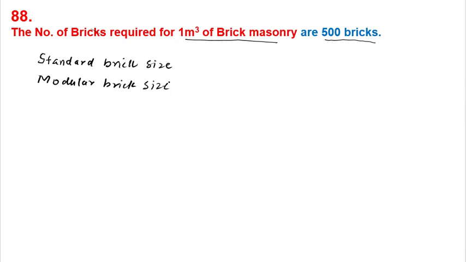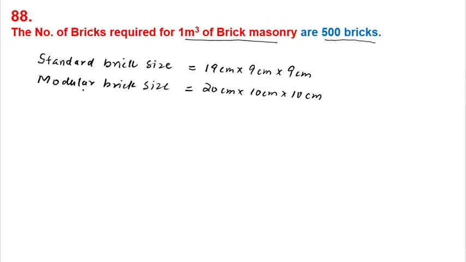We need to know the difference between these two terms, standard and modular. The standard size of brick is 19 centimeters by 9 centimeters by 9 centimeters, right? Modular size is 20 centimeter by 10 centimeter by 10 centimeter.